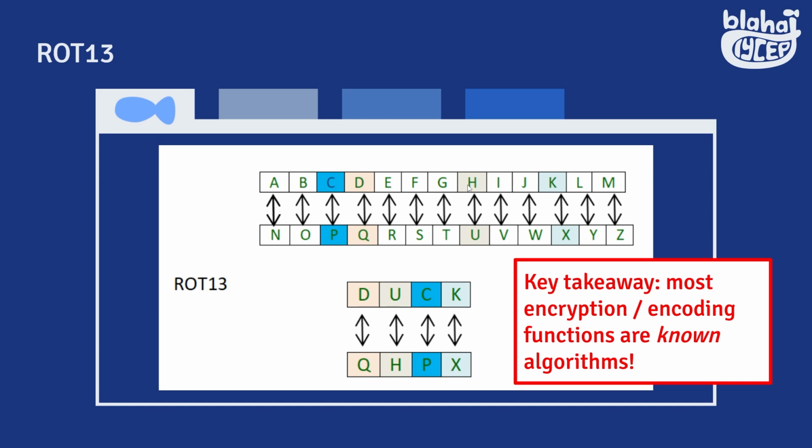So now we know it's ROT13. And the thing is, ROT13 is a known algorithm. So this is not something new that the malware author has come up with. Some of the people here already knew what ROT13 was.